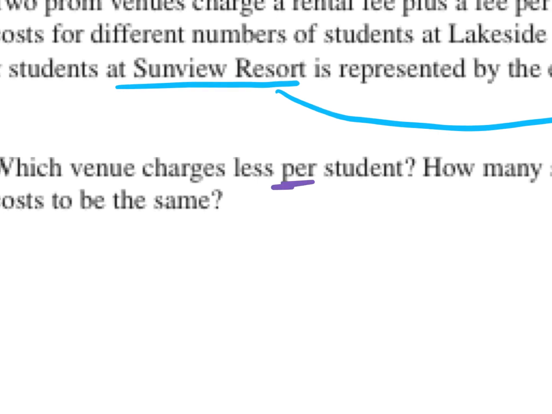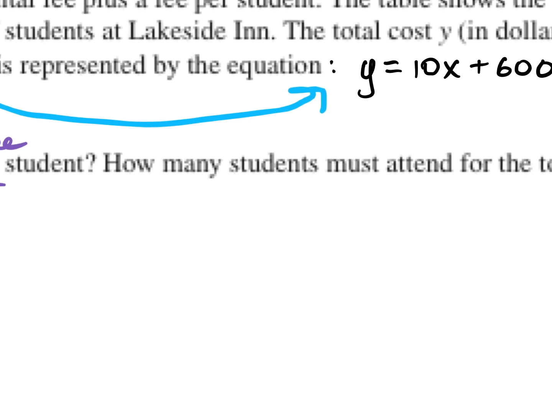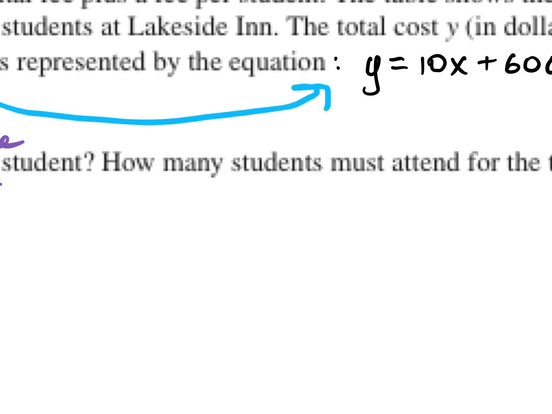To see what they charge per student, we're looking for the slope for each of our 2 things that we have for each school. So for Sunview Resort, what's our slope here? 10. So Sunview Resort is charging $10 per student.